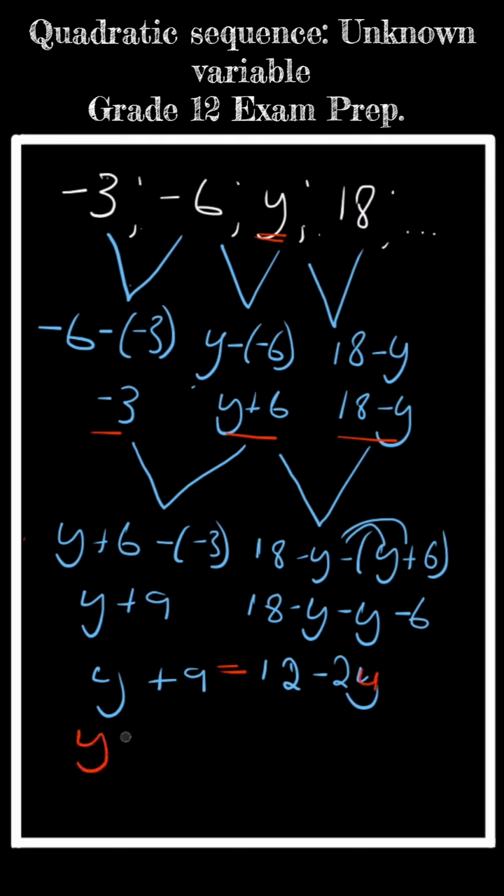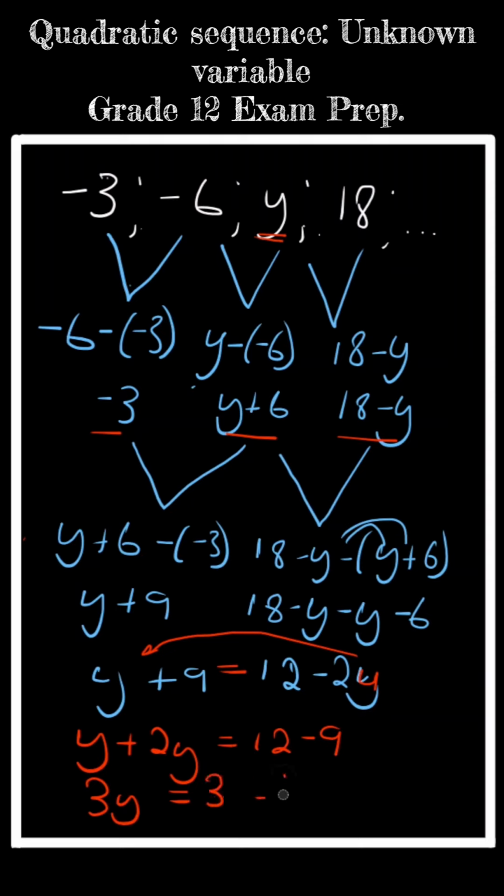Since these two are equated, we take the 2y to the other side of the equation, which will be 2y is equal to 12 minus 9, which will give us 3. Therefore, if you divide both sides by 3, you'll get that y is equal to 1. And then we would have solved our unknown variable of y over there.